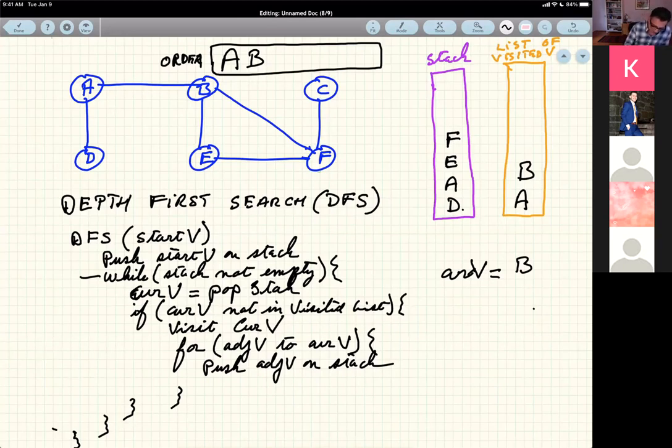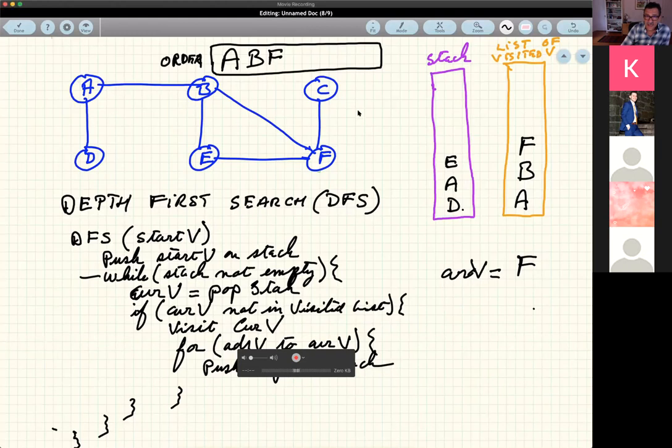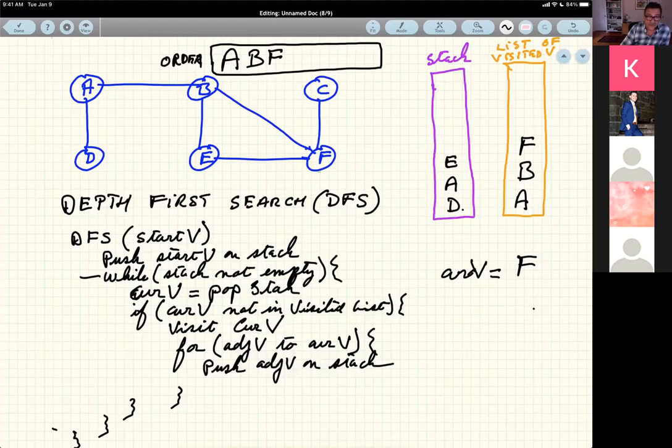I go back up to the top and get the next vertex. The next vertex is the one at the top of the stack, so it's F. My current vertex is F. If it's not in the visited list, add it to the visited list. The order of visiting the vertices is A, B, F. Then from F, what vertices can we reach?